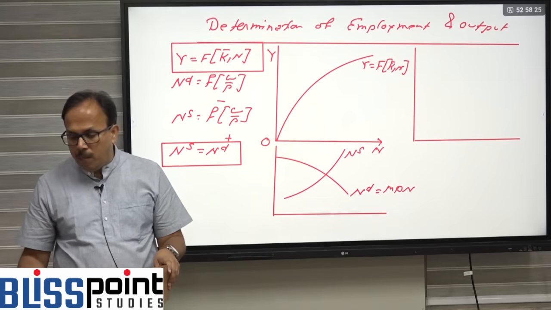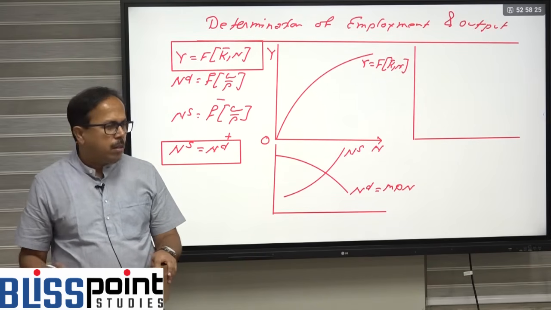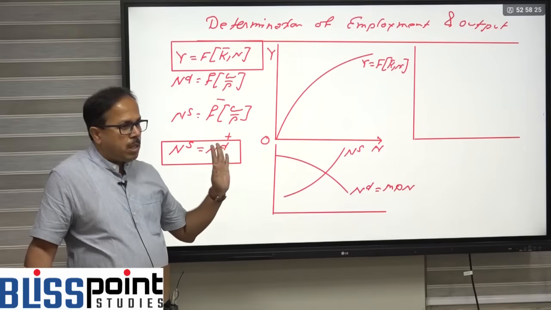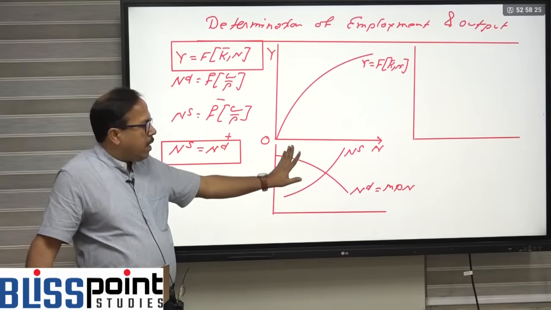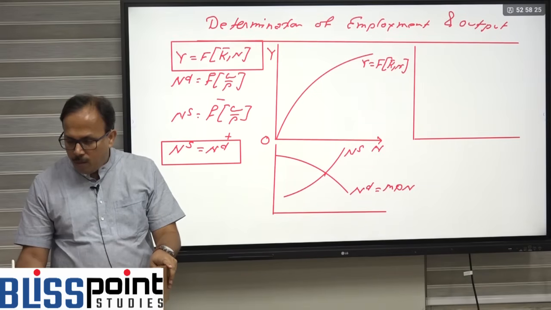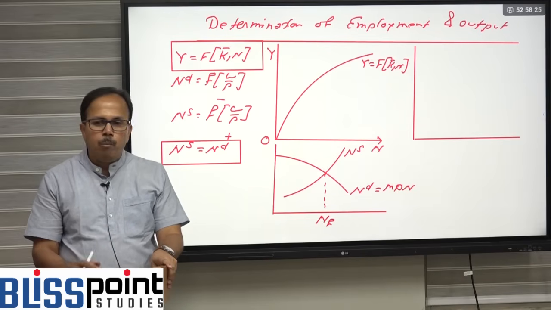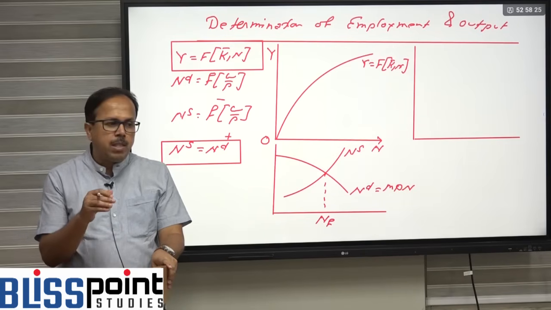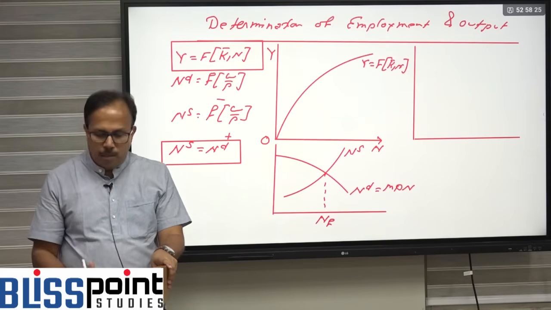If labor demand and supply are not equal, then what will happen? Wage will change. Wage is flexible, so following this assumption we are giving the description. So in the first diagram you have drawn the function, then labor demand and labor supply; their equality will determine full employment. Full employment is that labor employed which exists at equality of labor demand and labor supply.